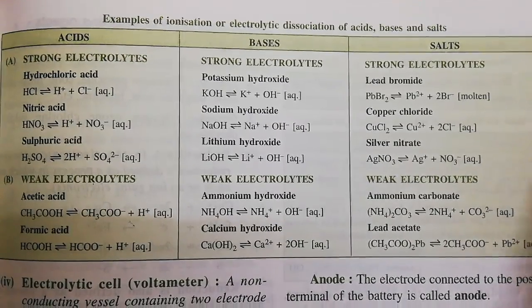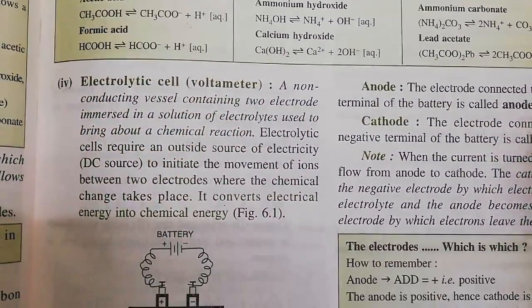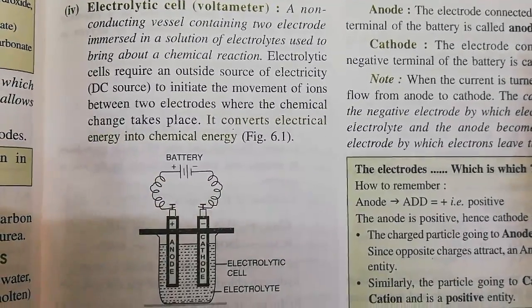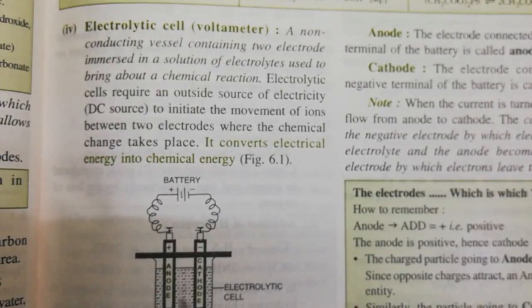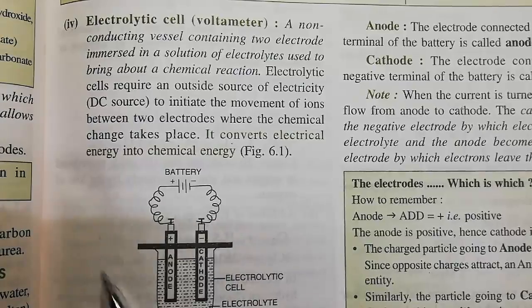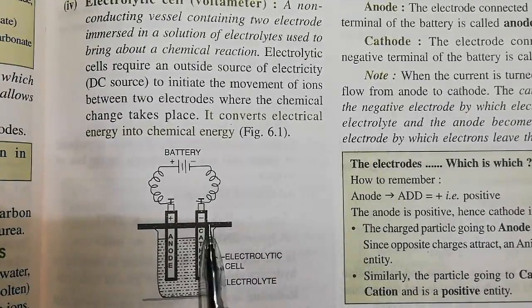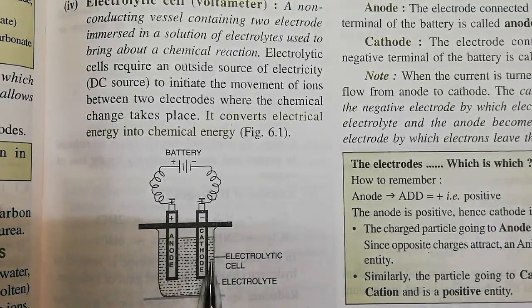Now we'll move to the very important part, that is the electrolytic cell or voltameter. The electrolytic cell or voltameter is the device in which electrolysis is actually carried out. Here, observe that one container is taken and two metal plates are there.